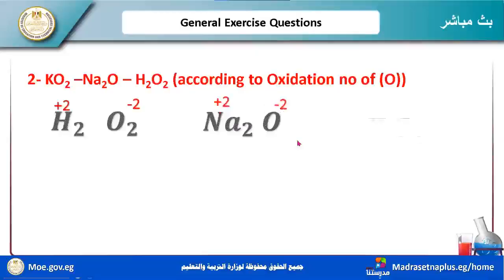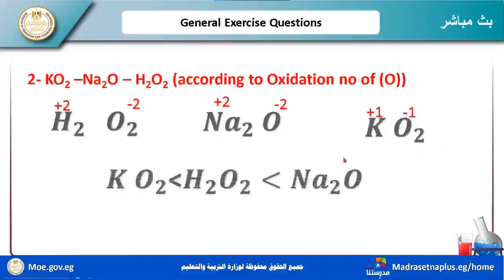Now KO2: K is positive 1, so oxygen is negative 1 divided by 2, so oxygen equals negative half. Now you can rearrange these compounds according to oxidation number: Na2O less than H2O2 less than KO2.